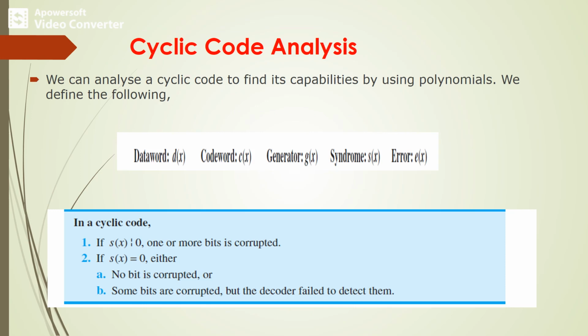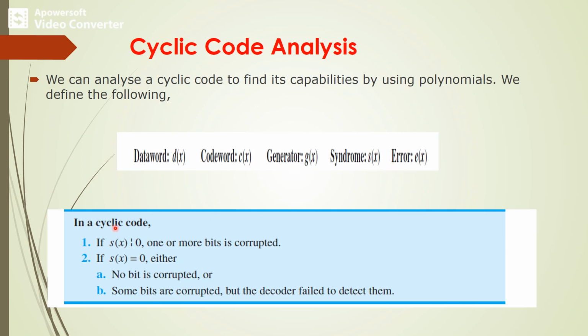Cyclic code analysis. We can analyze the cyclic code in order to find its capabilities by using polynomials. For that, first we define the data word as d of x, the code word as c of x, the generator as g of x, the syndrome as s of x, and the error as e of x.